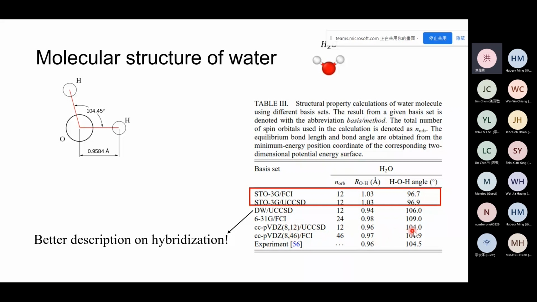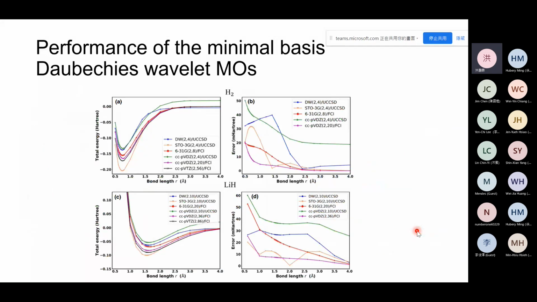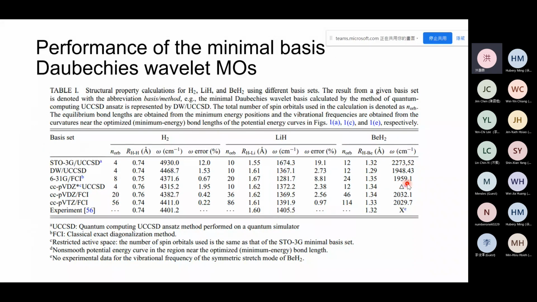Sometimes it gets a better result, sometimes not. Active space selection is also a study in quantum chemistry. From the quantum information theory point of view, they calculate the orbital correlation first, and from this select the more important orbitals, and use these important orbitals for quantum chemistry simulation.